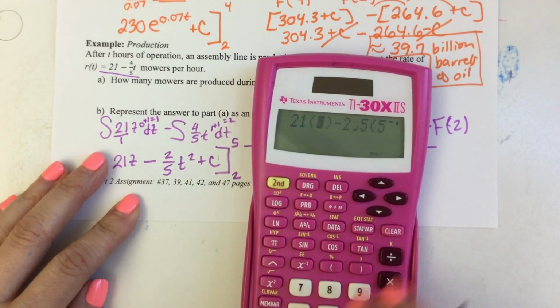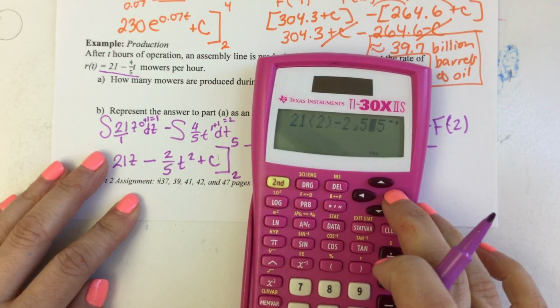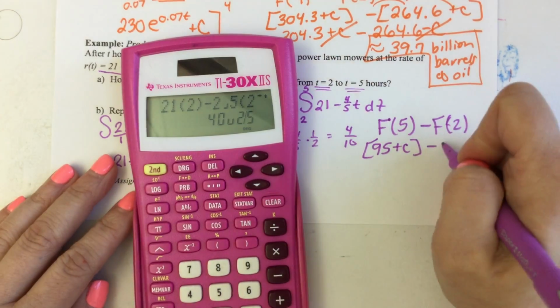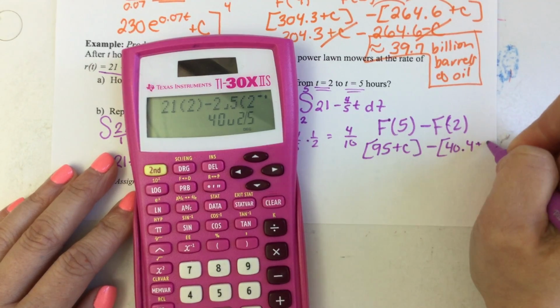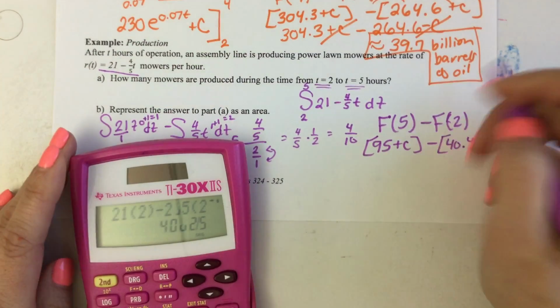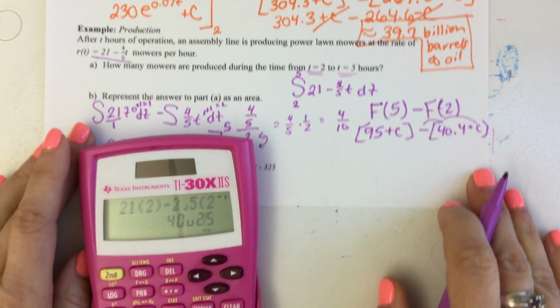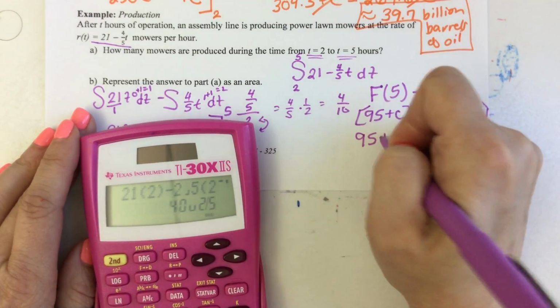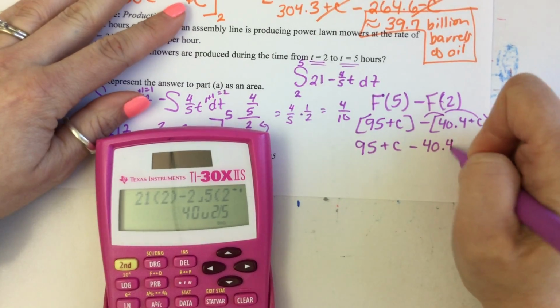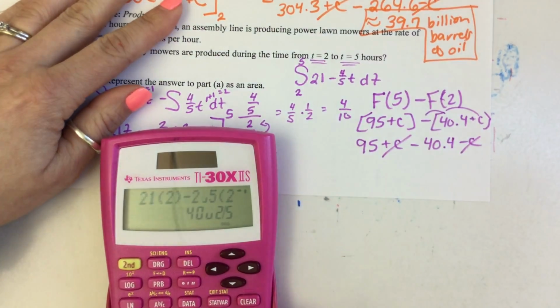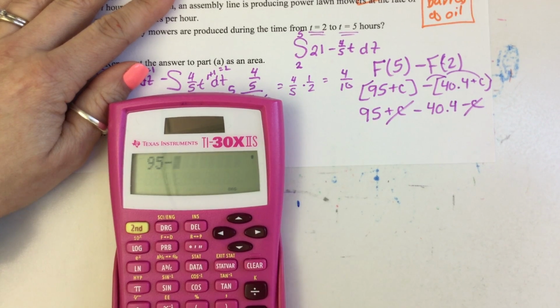Now if I change my 5 to a 2, this is 40 and 2/5, so 40.4 plus c. This negative has to go to both terms. So I have 95 plus c minus 40.4 minus c. Positive c, negative c cancels.